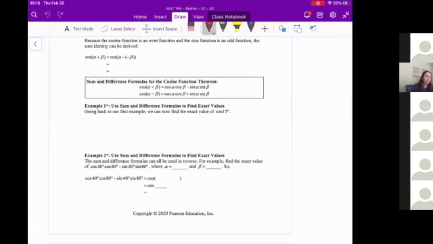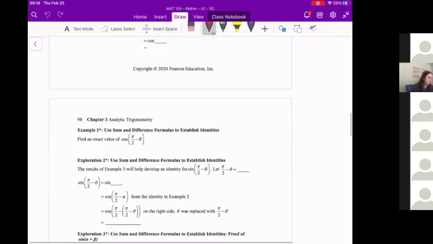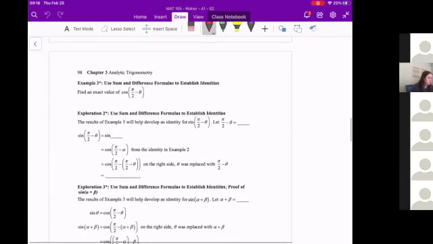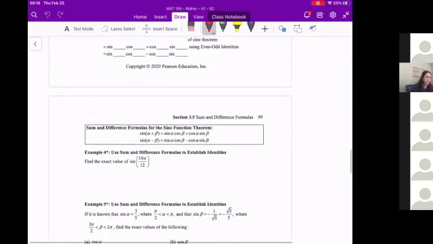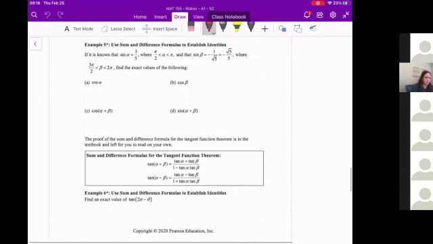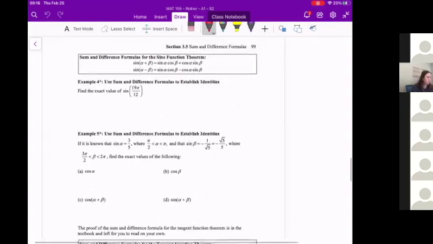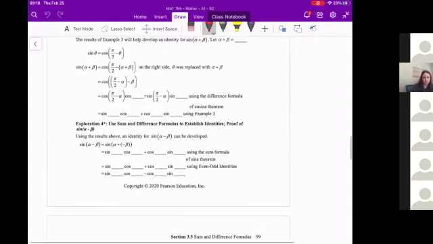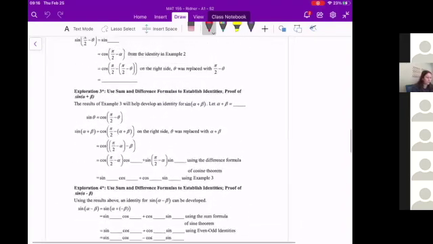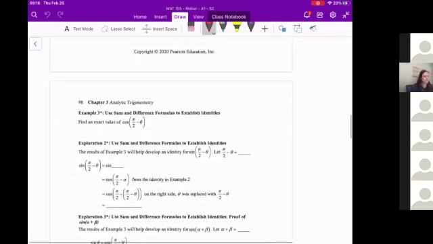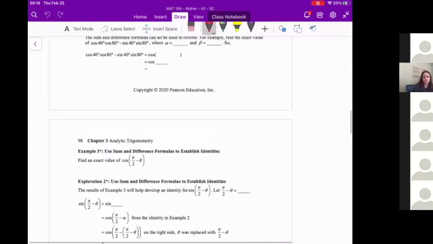But here, the boxes are all the formulas. So there's the cosine ones. Go on down. Here are the sine ones. And then the tangent, which once you learn one, the other one works the same way for sine and cosine. Tangent's a little harder because you got fractions upon fractions.